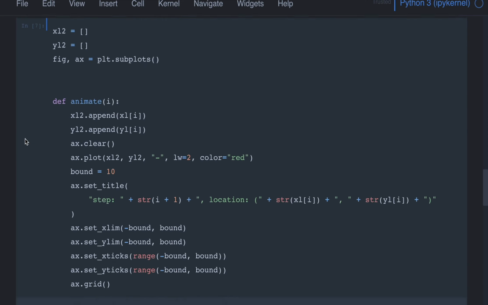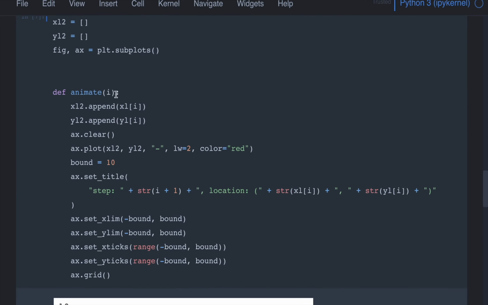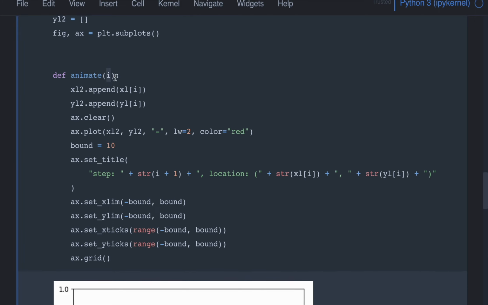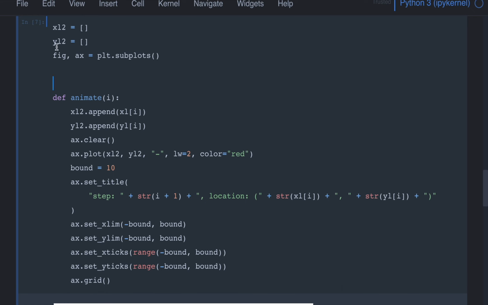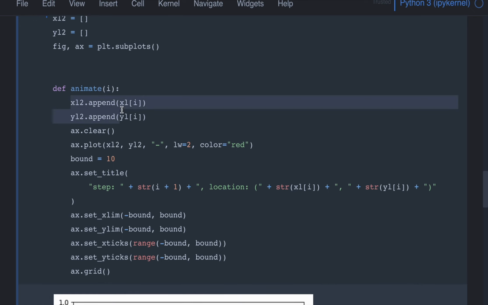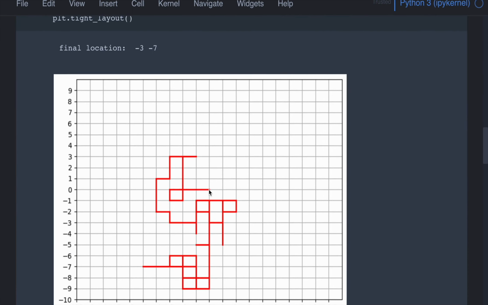Okay. So here, we have this variable called i. Now when we run it the first time, i is equal to, let's say, 1. So here we are creating 2 new lists, right? XL2, YL2. This list will contain only the first 2 elements, so only the first 2 steps. For example, the person started here, so he made one move here and a second move here.